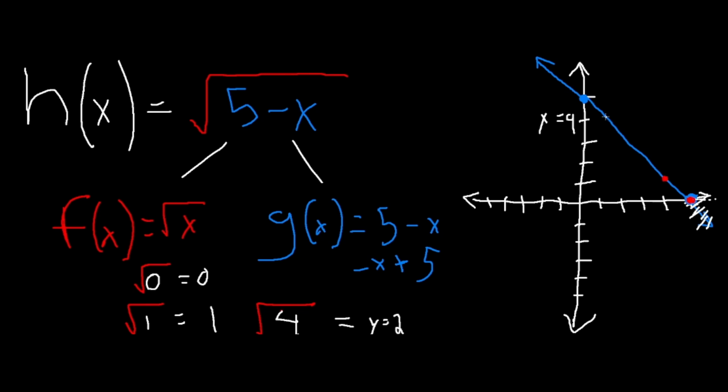So right here, where there's a blue point, where y equals 4, so we're looking where on the function y equals 4. So right here, we're going to plug in 4, and then along here, we're going to plug in 4, and then we get 2.